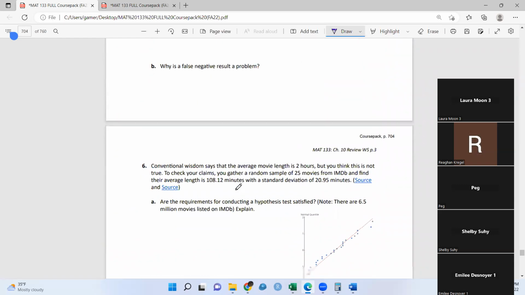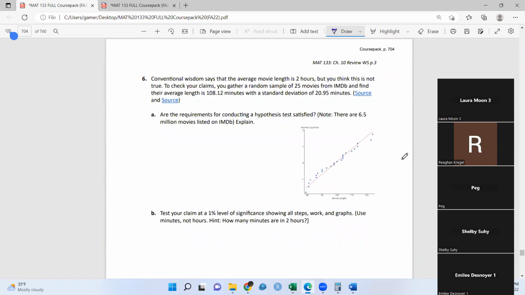Let's go back here to page 704. Let me give you 2 minutes, and let's just determine what parameter. Maybe we don't need 2 minutes. I'll do a minute. We're just doing page 704 real quick. Just tell me what parameter.